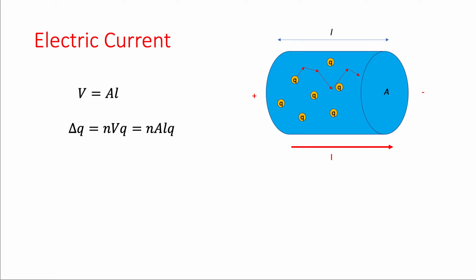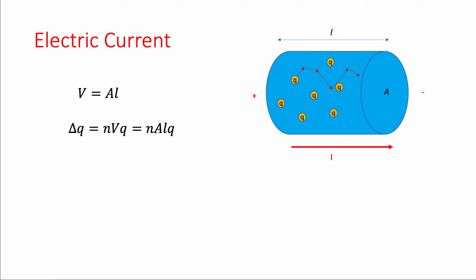Then we substitute my top equation, V equal to AL, into the bottom one. So delta Q is equal to the number of charge carriers per unit volume times the area times the length times Q, the small charge on each of those carriers.